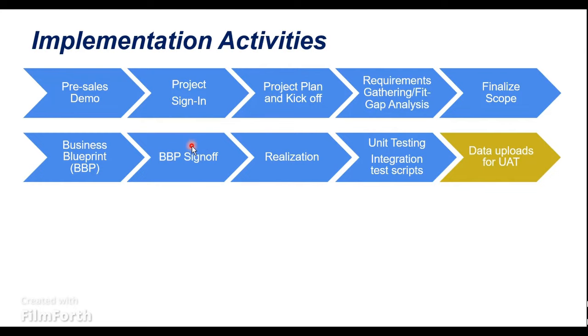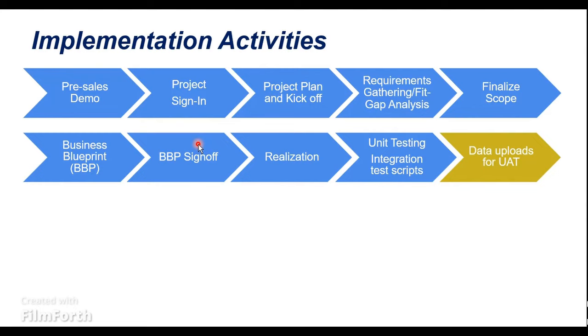So let's say there are a few instances where the customer will say that everything is fine until we finalize the scope, and once we submit the blueprint document, then they come up saying that this is not what I need, but I need it in some other way.